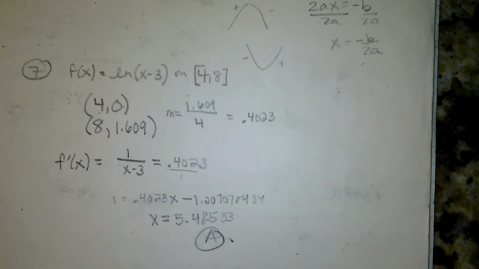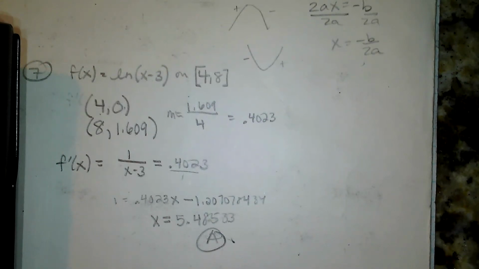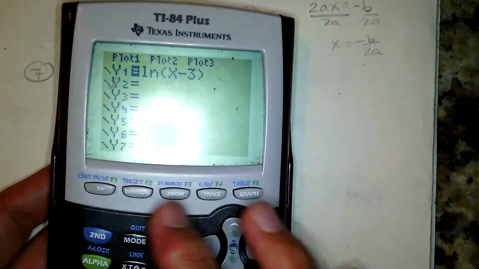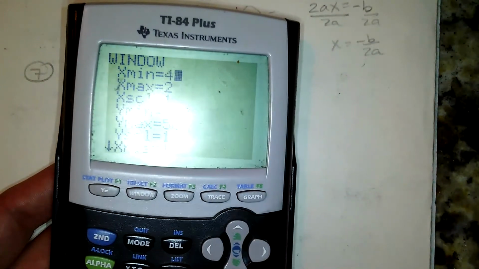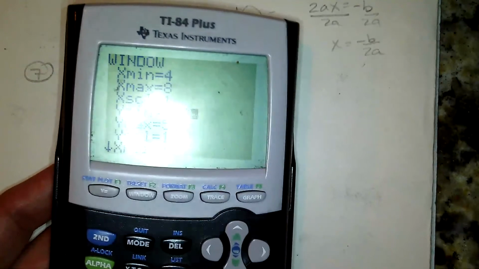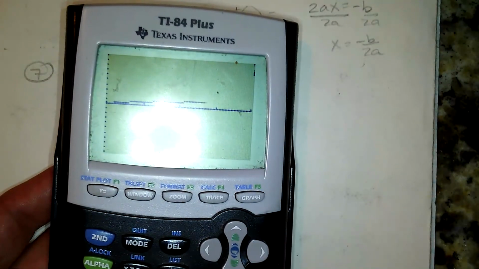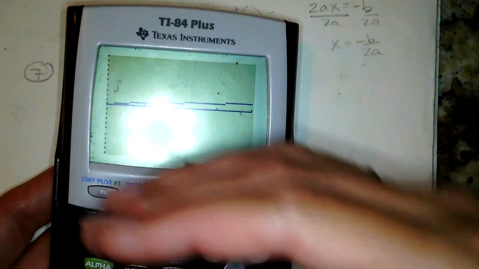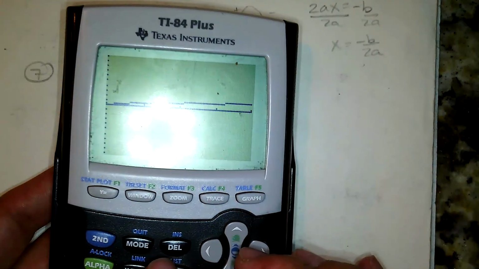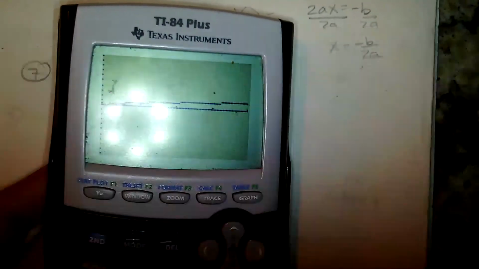If I want to give you guys a visual, which I would always do to fully help us wrap our head around this, here's what's happening. From a window of 4 to 8, I'm going to go negative 10 to 10. We'll open it if we have to. Okay, we don't need that much. Maybe negative 2 to 2, maybe negative 5 to 5 would work. Let me turn this light off.